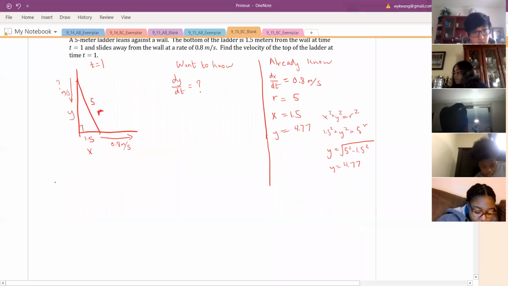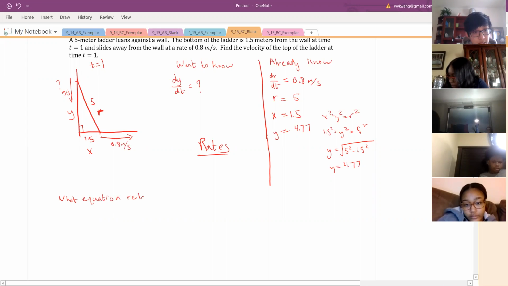So the next question is, we already figured out our rates, right? We looked at what rates we know. And then the next part of related rates is, well, the related part. So what equation relates what we know?